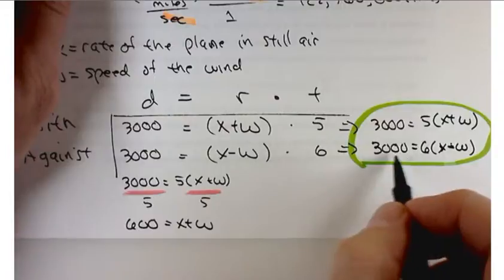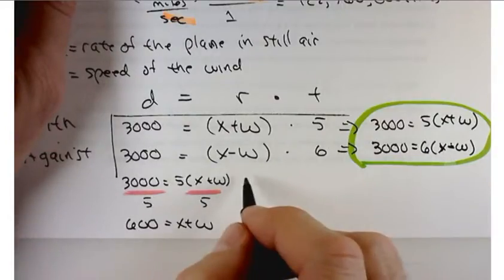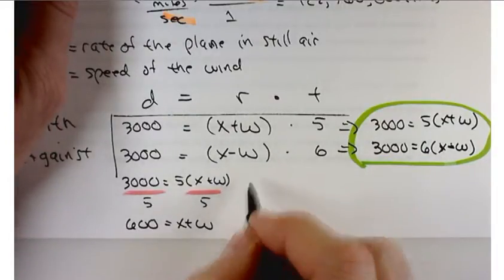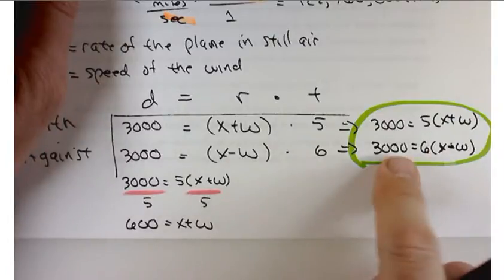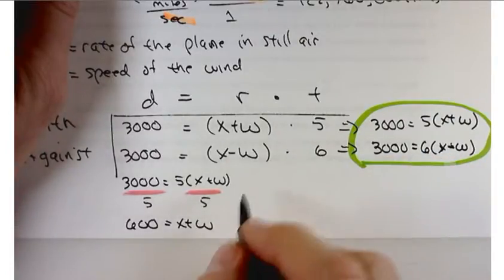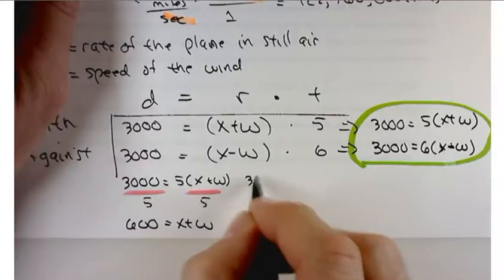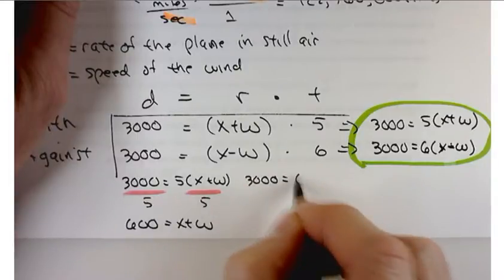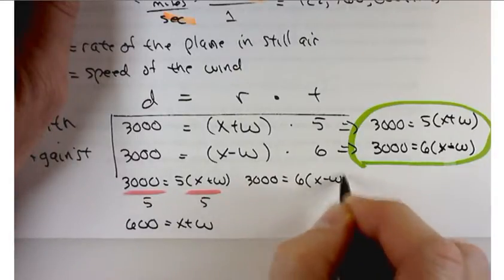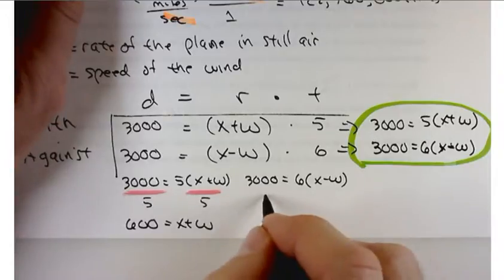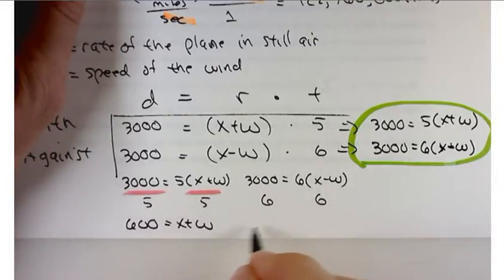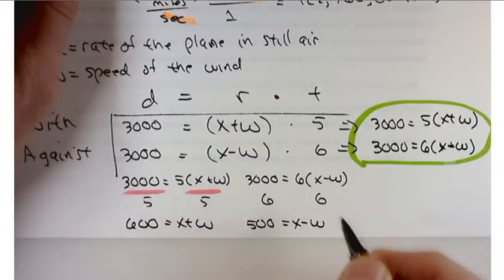I'd do the same thing here. I'd divide both sides by 6 in this equation. And this time I'd get 500 equals x minus w. So 3,000 equals 6 times x minus w. Divide everything by 6. And we end up with 500 equals x minus w.